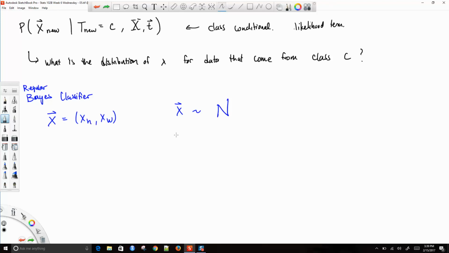So we can say the distribution of heights and weights come from a multivariate normal.